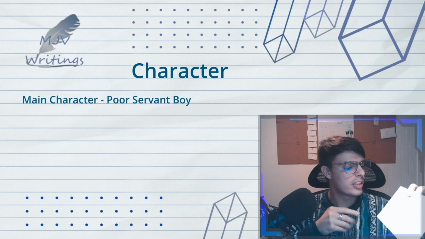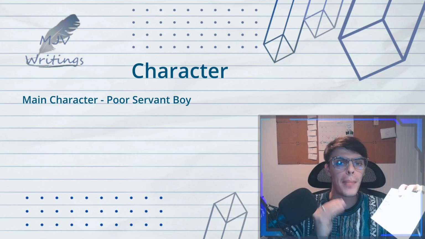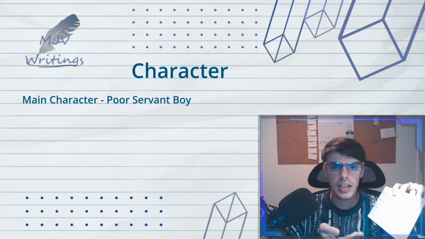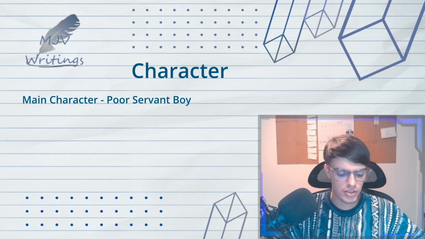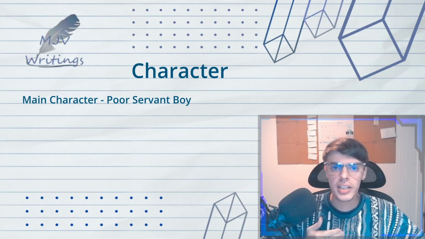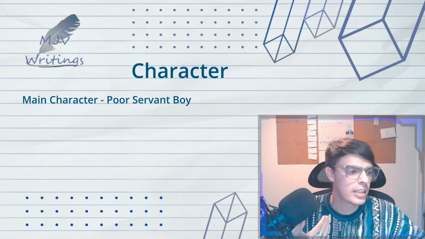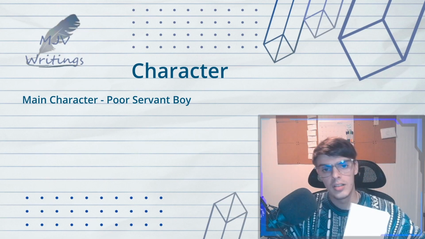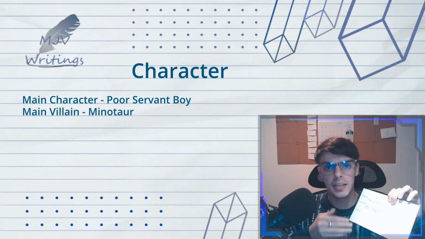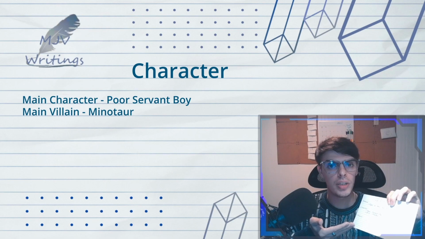And as you can see in my premise, I actually mention a bad guy and someone is saved in the end. So I need to have two more characters that I can start with. So we have our lowly servant boy. Now we need to think of a bad guy. And I think my bad guy is going to be an evil minotaur. So now I have my bad guy and my main character, or my hero in the story.